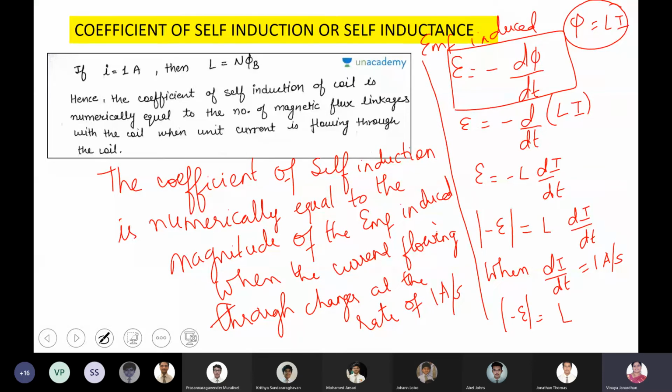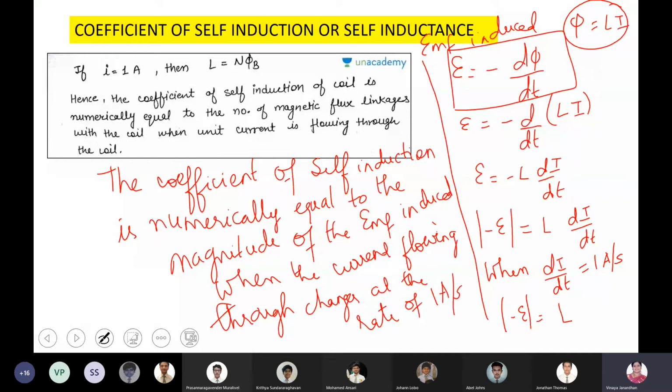Have you completed? So your current has to change at the rate of 1 ampere per second.